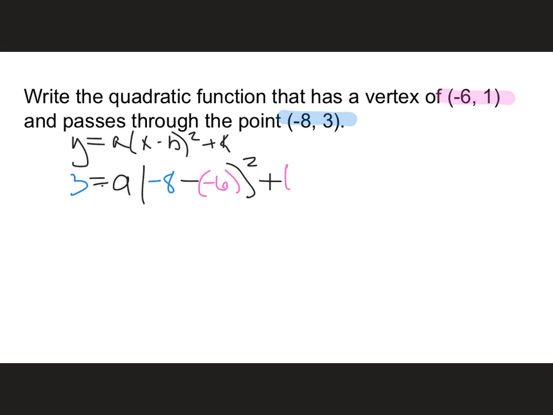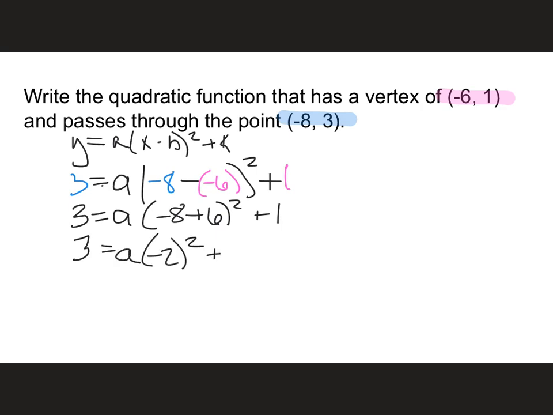So when we go to simplify this, if it's minus a negative, that means it was translated to the left. We can just call it plus those. So negative 8 plus 6 plus 1. If you wrote it this way to start with, that's perfectly fine. Now I'll simplify and solve for a. So we're going to have 3 equals a times negative 2 squared plus 1.